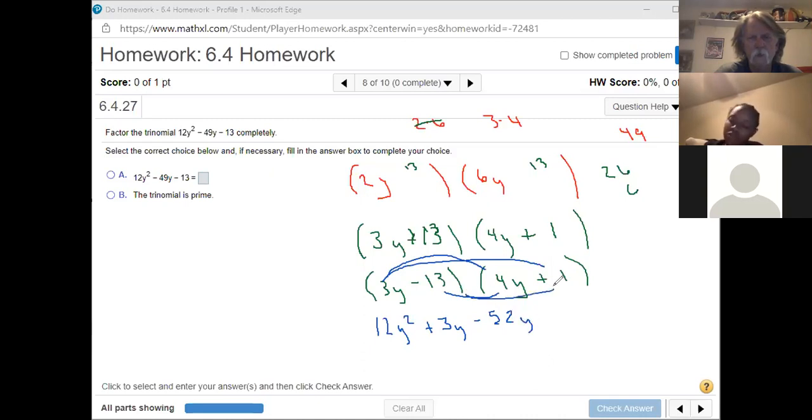And negative times a positive is negative 13. So 3 minus 52 is negative 49. So this is your answer.